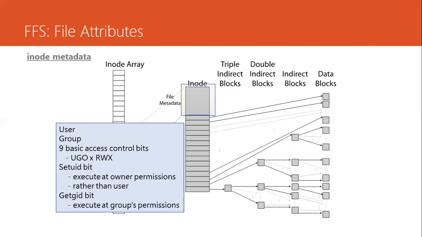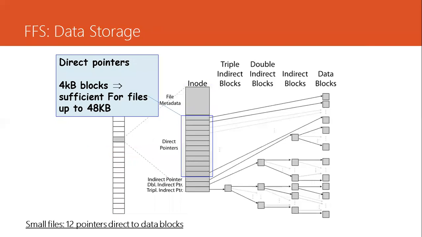If you look further into the inode structure, there's a bunch of direct pointers that point to 4 kilobyte data blocks, and there are 12 of these direct blocks, which makes a file size of up to 48 kilobytes.